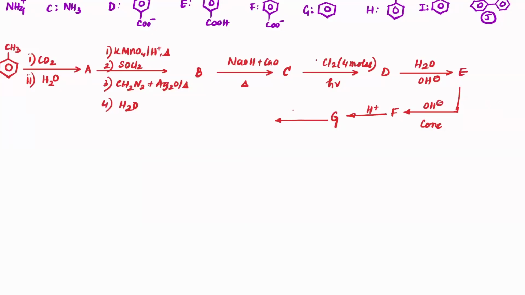And this, when you react with soda lime decarboxylation, again I'm getting this as H. And this H, when you oxidize this with PCC, I'm getting this as I. This, when you react with Ac2O in the presence of AcO minus and heat, I'm getting this as J.